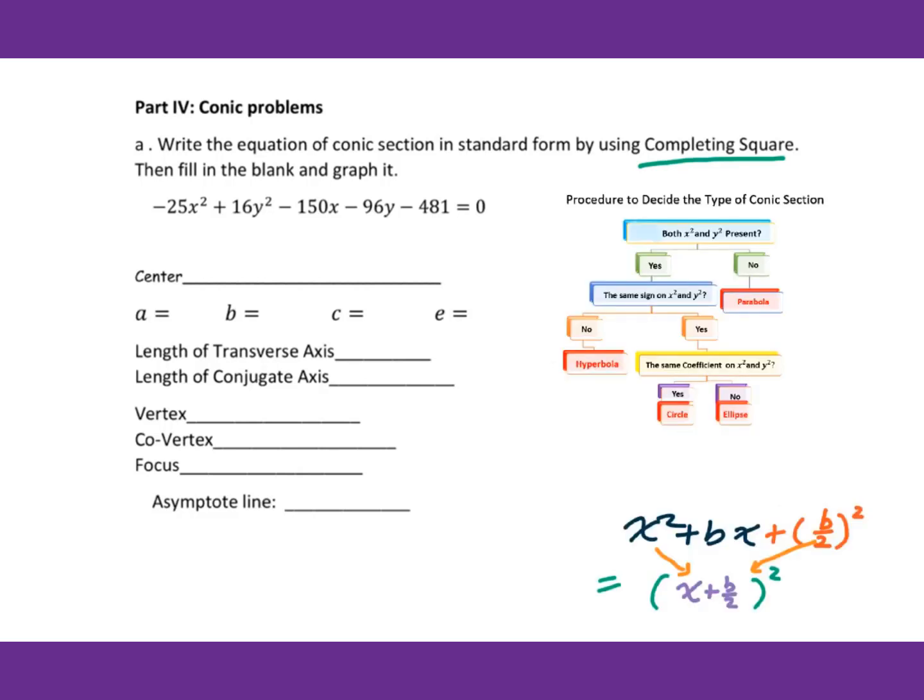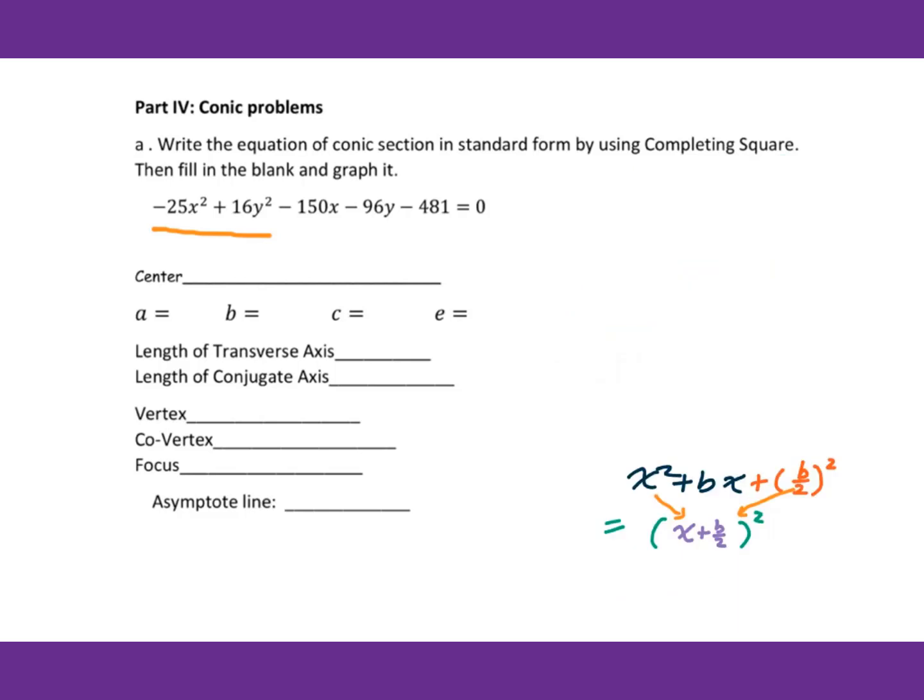First of all, according to this diagram, we know this is a hyperbola because for x squared and y squared, the signs are opposite. For completing the square, this will be the formula.